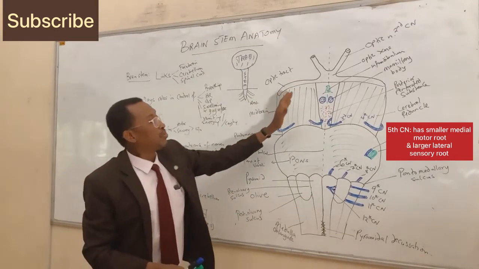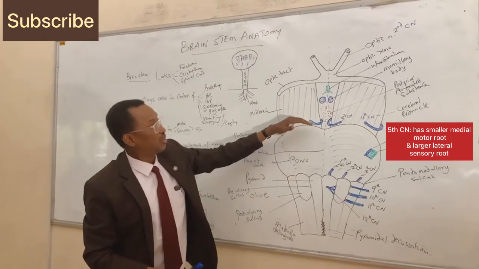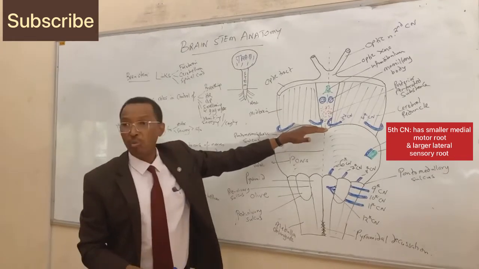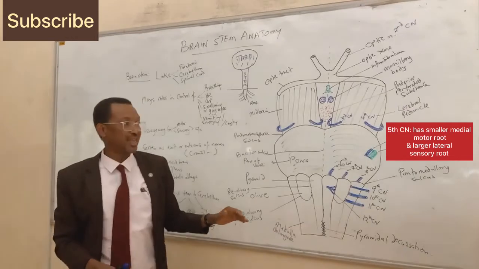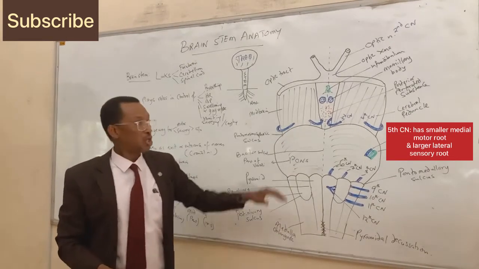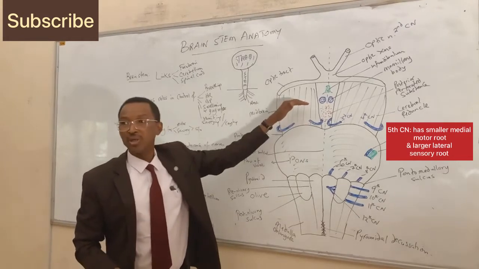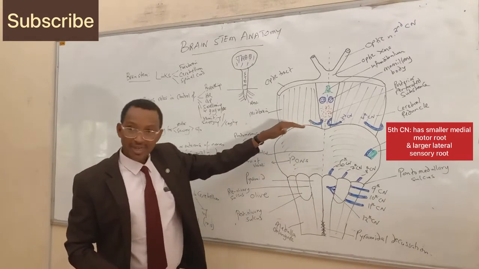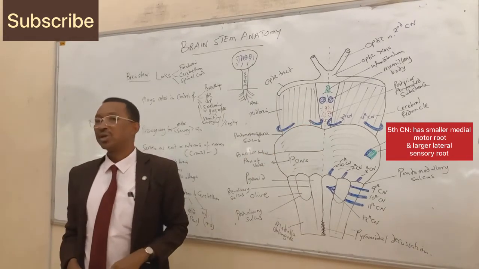So the midbrain below is bounded by the upper border of the pons, because I said that the pons is lying between the midbrain and the medulla oblongata. So the upper border of the pons marks the lower border of the midbrain.